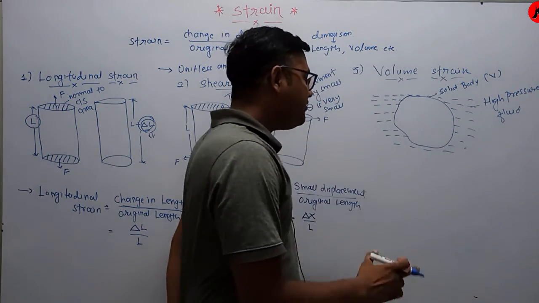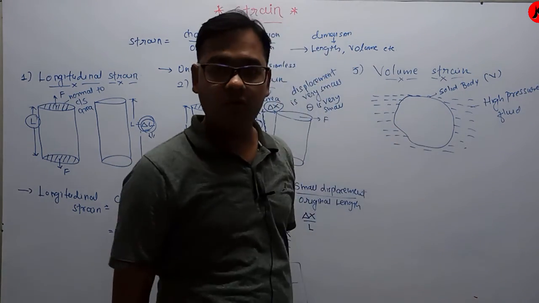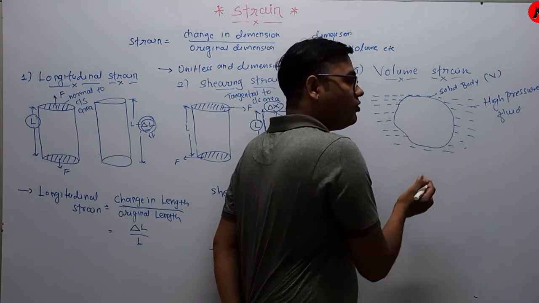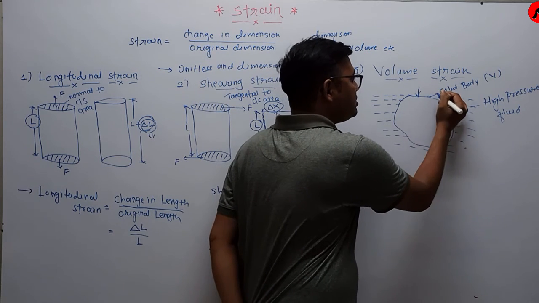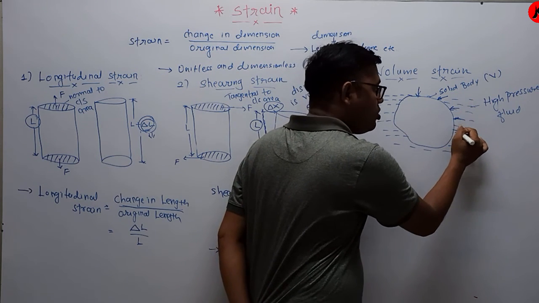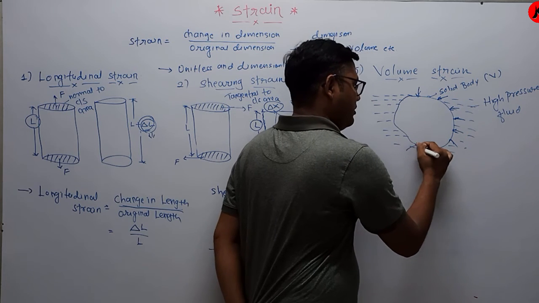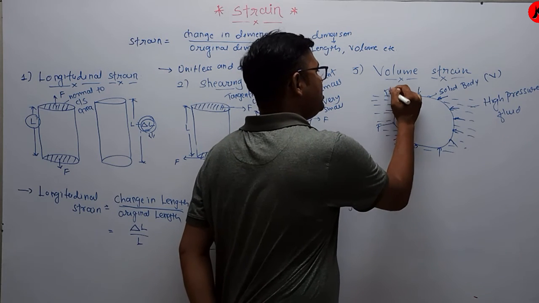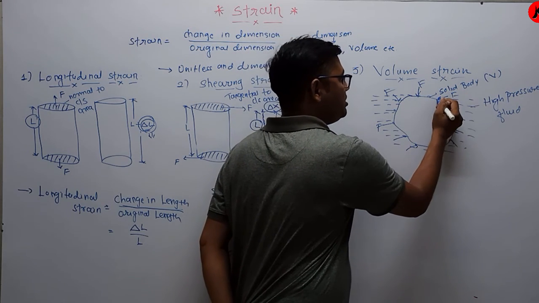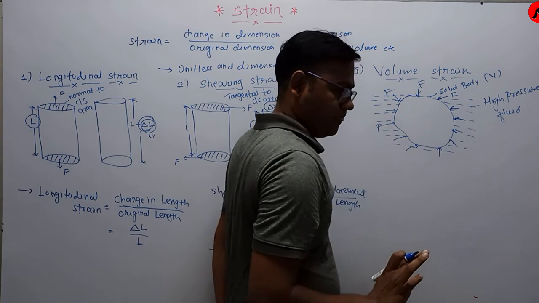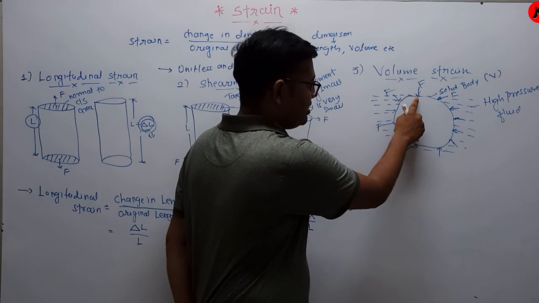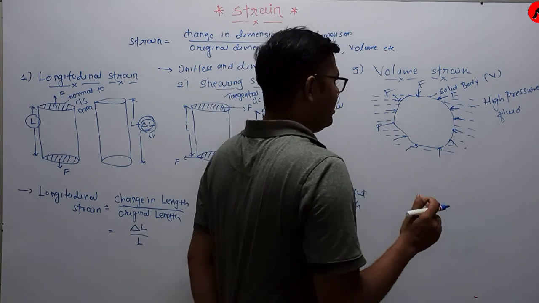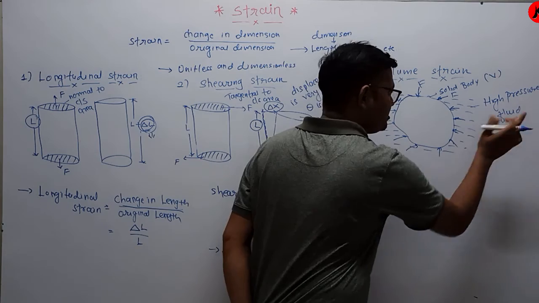If this body is placed in the high pressure fluid, then what will happen? The high pressure fluid tries to develop force on this solid body from all sides, and this force is normal to the area of the solid body, right? This force comes from the high pressure fluid.